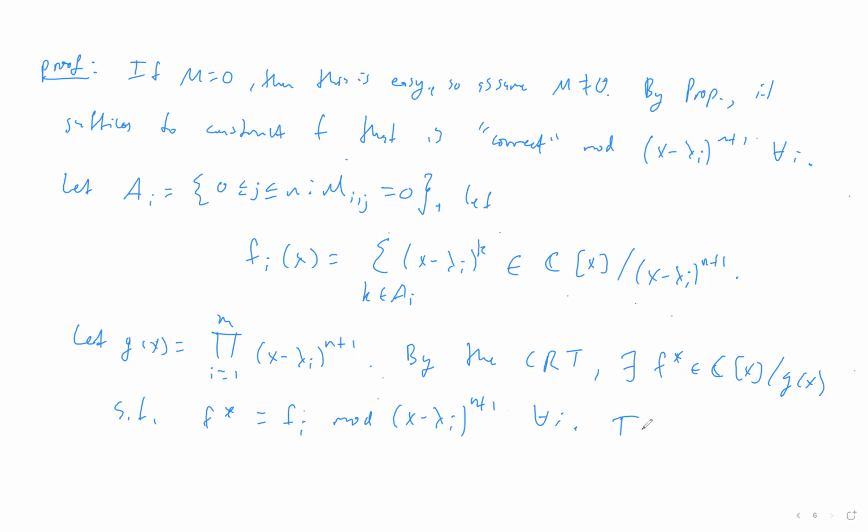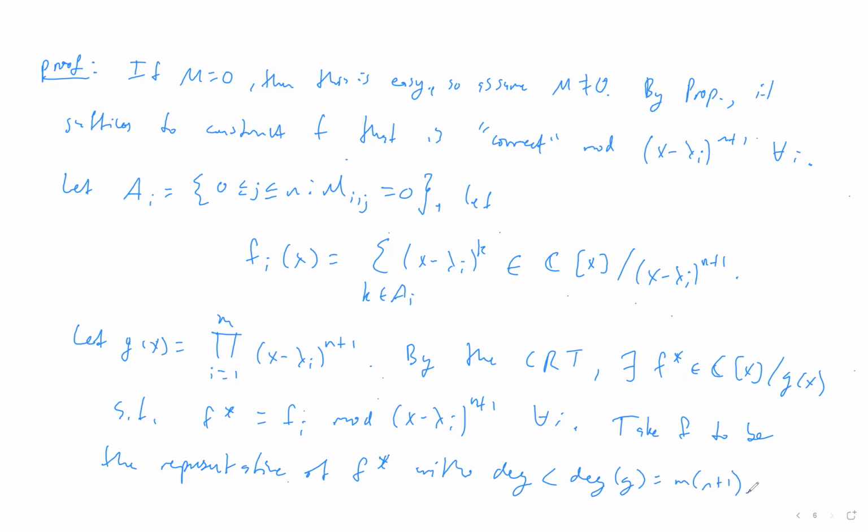Okay, so take f to be the representative of f star with degree smaller than the degree of g, which is equal to m times n plus 1. And this just works, right? So f will have degree at most m times n plus 1 minus 1. And it has the correct residue modulo (x minus lambda_i) to the n plus 1 for each choice of i.